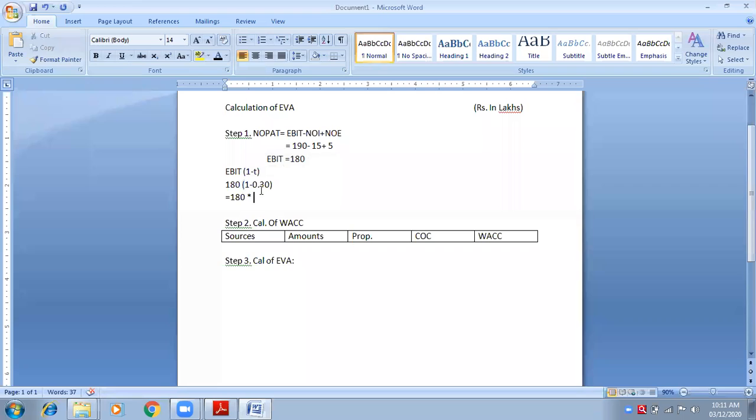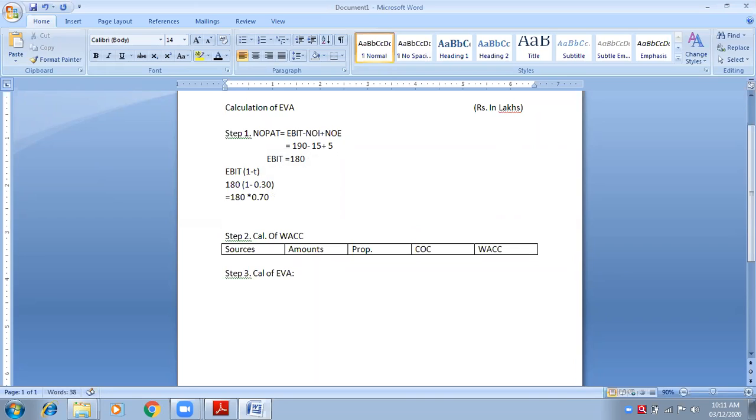Can you tell me what 1 minus 0.30 is? 0.70. Yes, very good. So 180 into 0.70 is what? 126. Very good.